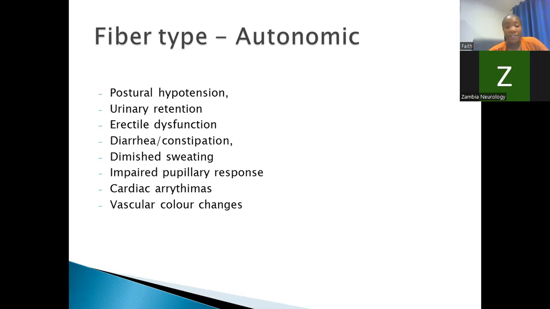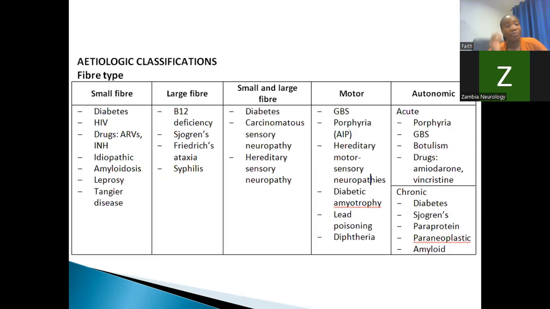You can also have GI symptoms such as diarrhea and constipation, diminished sweating, impaired pupillary response, cardiac arrhythmias, vascular color changes. So if you're seeing a patient with some of these symptoms, you might want to also consider a peripheral neuropathy of the autonomic type.